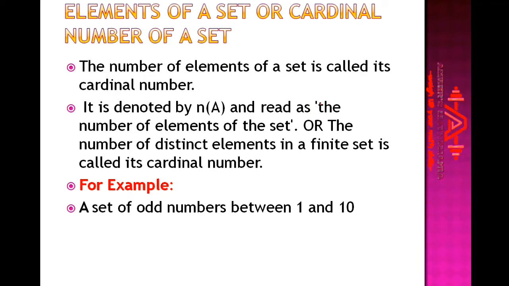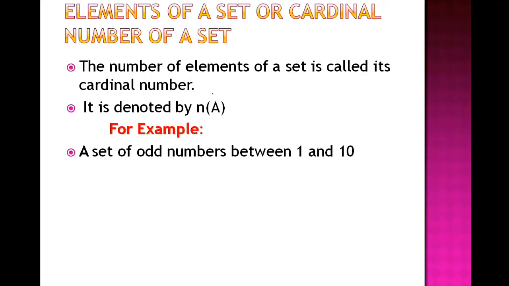Now, the elements of a set, or cardinal number. Cardinal number is the number of elements of a set and it is denoted by n of A. For example, if we say A is a set of odd numbers between 1 and 10, then 1 and 10 will not be included. So 3, 5, 7 and 9 is the set of odd numbers between 1 and 10. 3, 5, 7 and 9 all belong to set A. So its cardinal number will be 1, 2, 3 and 4.